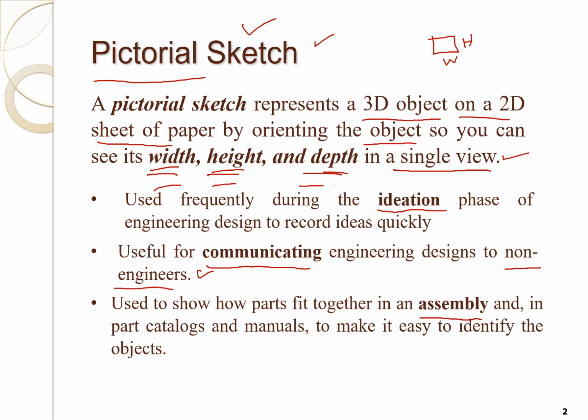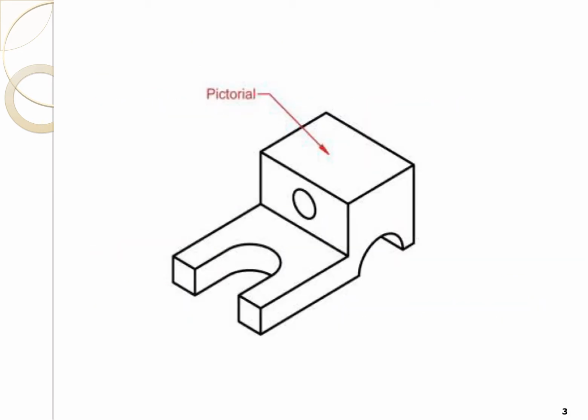So let's look at one example. As you are looking at this diagram, this is a pictorial sketch, and in this pictorial sketch you can see the width of your object, the depth of your object, and also the height of your object. But you cannot use this drawing for manufacturing purposes.